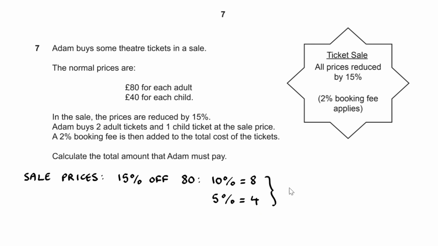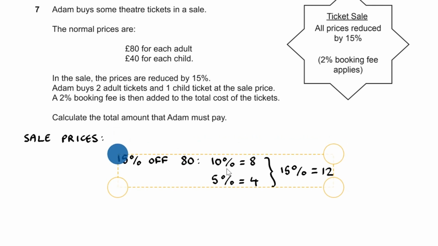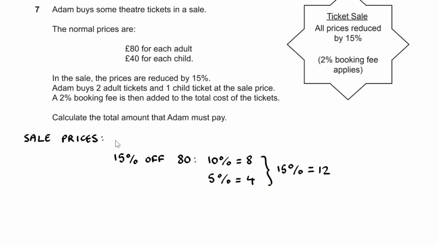And therefore 15% would correspond to 12. And therefore the sale price for adults, we have the new price being 80 take away 12, which is £68.